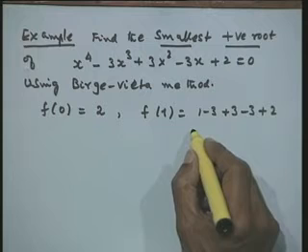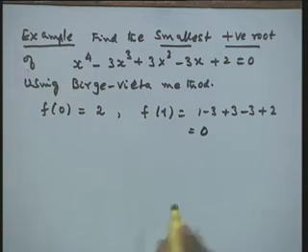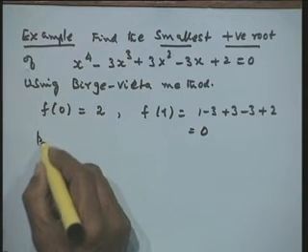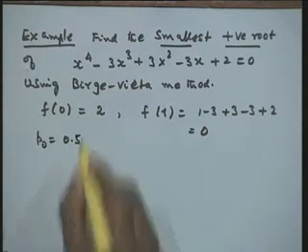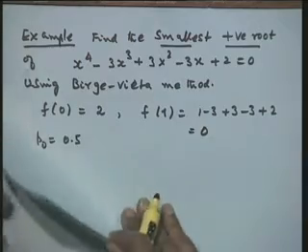So, this comes out to be 0. Let us take an approximate value and take the root as p0 equal to 0.5, and then try to extract the root from this one. So, let us write down the coefficients. The coefficients are 1, minus 3, 3, minus 3, 2.